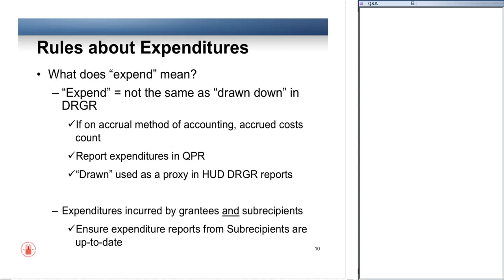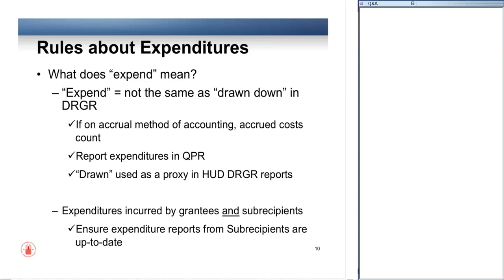All right. Before I turn this over to Paul Webster to talk more about expenditures, I just want to go over one thing, and that is the difference between an expenditure and a drawdown in DRGR. When you draw down funds in DRGR, you're taking the money to either pay for an expenditure or you're going to expend it. But when we look to determine what your expenditure is, we are not looking at the drawdowns in DRGR. We are looking at what's in your QPR that is specifically stated as an expenditure.